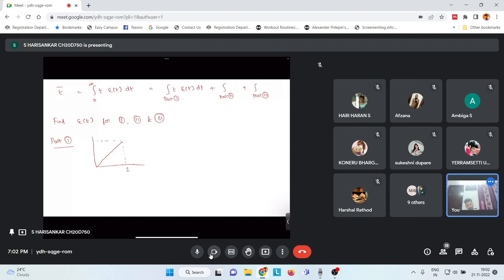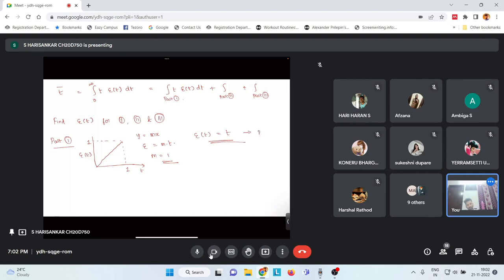We can represent this line in the form of y equal to mx, where y is E of T and x is T. So E will be equal to m into T. Here the slope is basically 1. So this line can be represented as E of T equal to T. So this is for part 1.